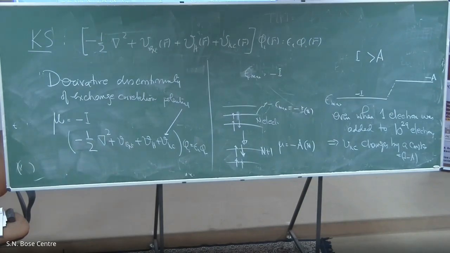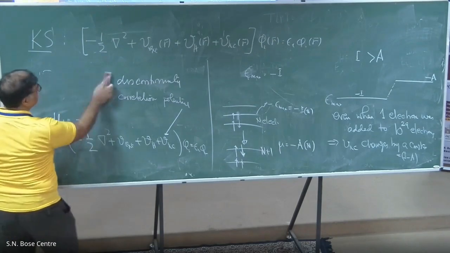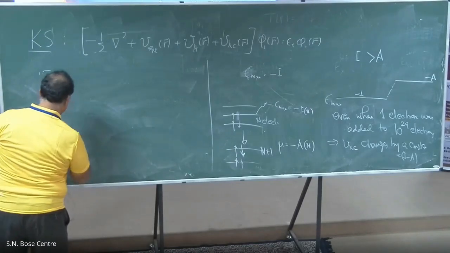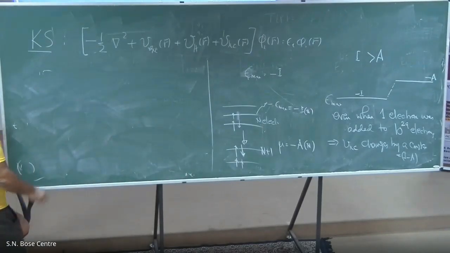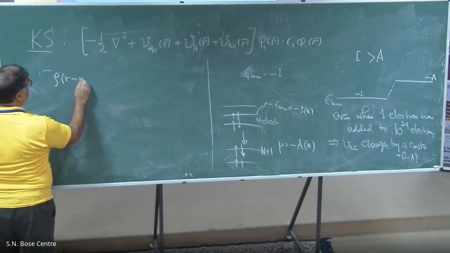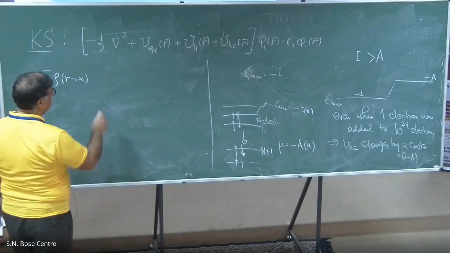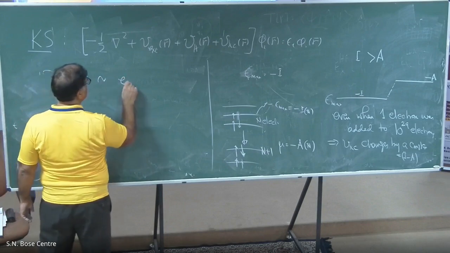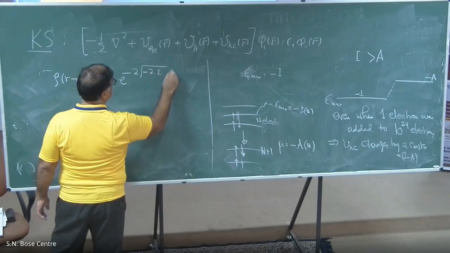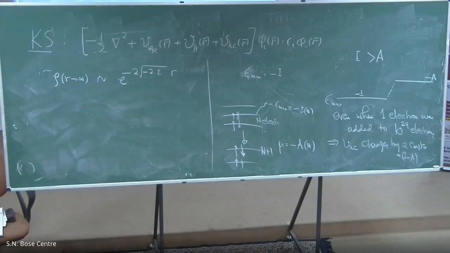Okay. Now there's another way of looking at it, because they are all related. You can show that the density for a finite system as r goes to infinity goes as e raised to minus 2 square root of minus 2 epsilon r.